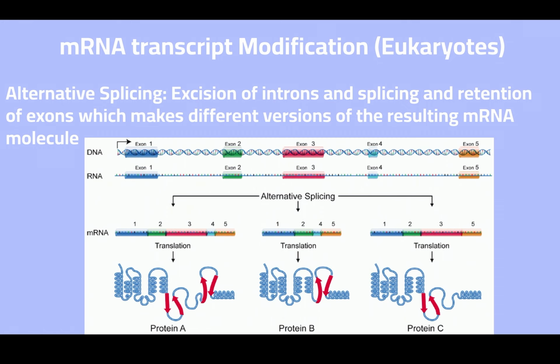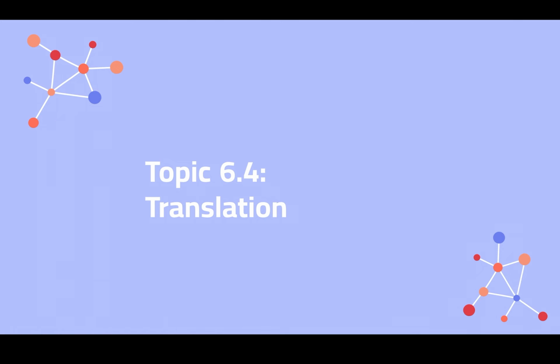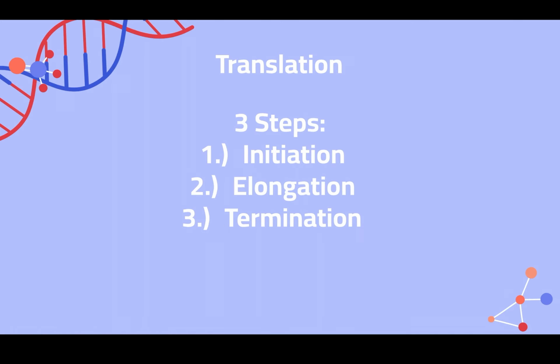And then our next topic is topic 6.4, translation. Translation has 3 steps: step 1, initiation; step 2, elongation; and step 3, termination.